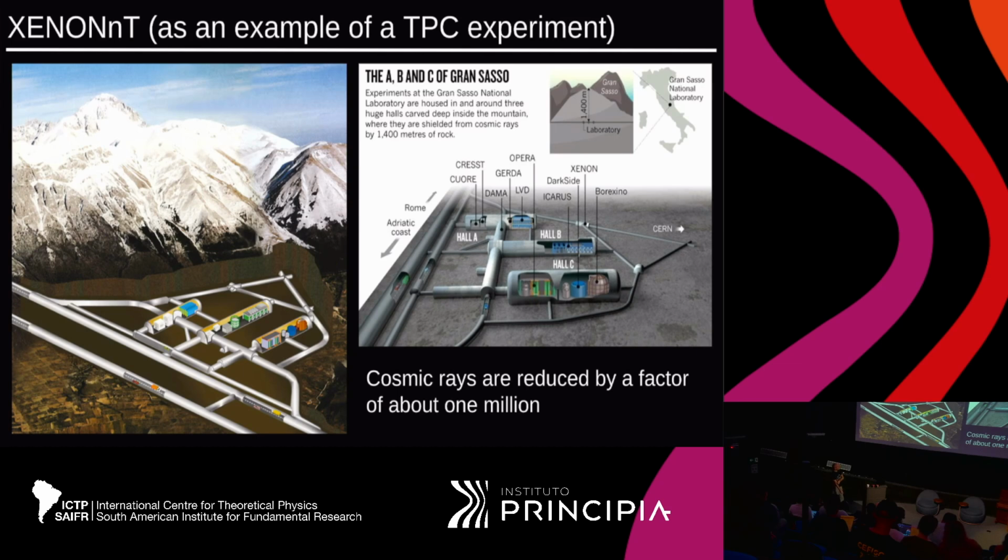So I'm going to use XENONnT as the example for this technology. There are many other experiments that use dual phase TPCs. We can discuss them in the coffee break. But yeah, essentially the way most of these experiments are designed is pretty much the same. So I'm going to use this just as an example.